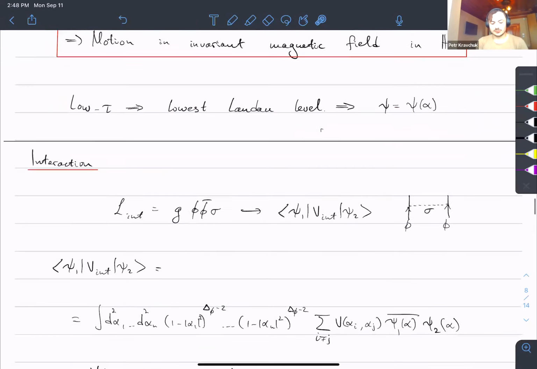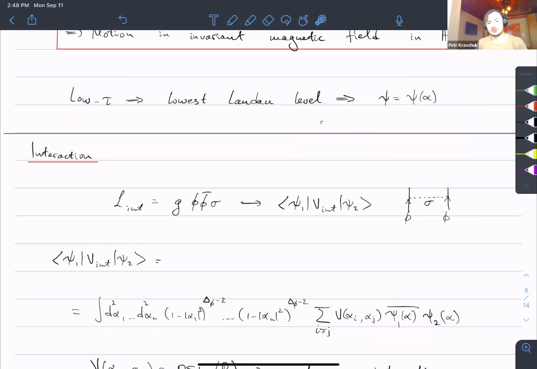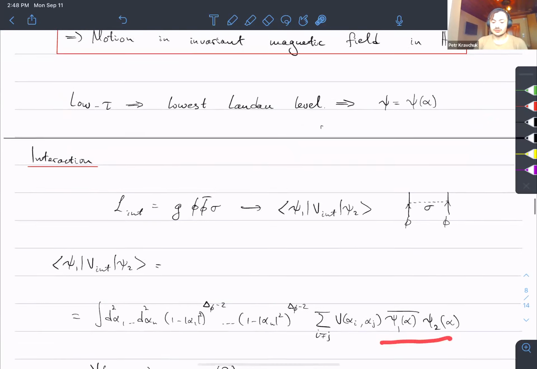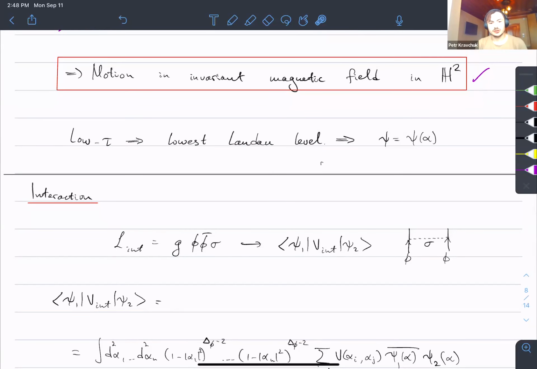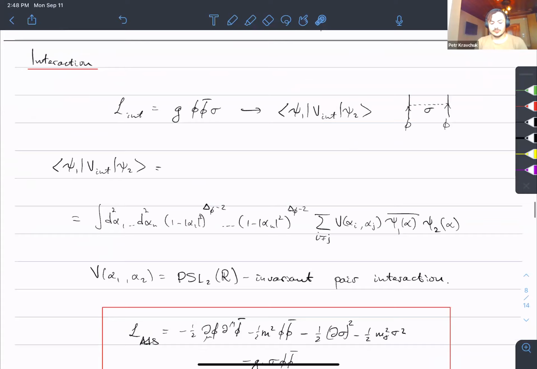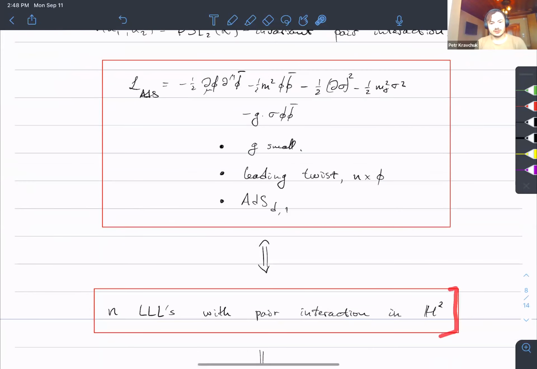I can write these matrix elements in terms of the wave functions that I have, which I also obtain directly from a field theory calculation. But if I go back and interpret this wave function as coming from this situation, then in this language it becomes n particles in the lowest Landau level, now with a pair interaction in H2. But this pair interaction, I didn't just choose it, I derived it from this interaction in the field theory.